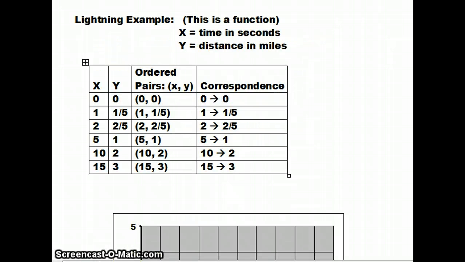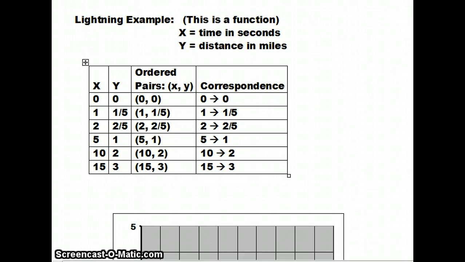Lightning is an example of something that's a function. When you see a lightning bolt, the speed of light is faster than the speed of sound. So if x is the time in seconds until you hear it after you've seen it, then let's look at the column x and the 5. If it takes you 5 seconds before you hear the thunder, then the lightning bolt was 1 mile away.